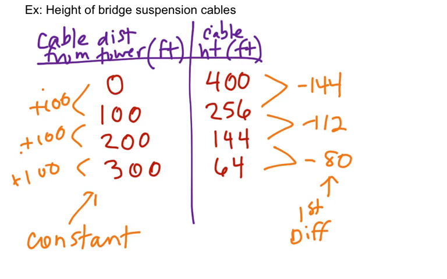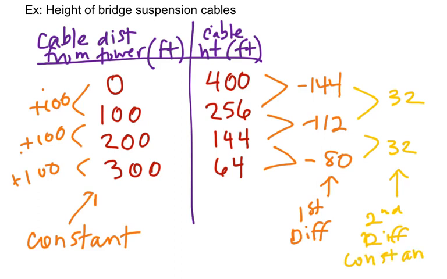So then what we can do from here is go to second differences, and negative 112 minus negative 144 is a positive 32, and negative 80 minus a negative 112 is a positive 32. These are our second differences, and they are constant.